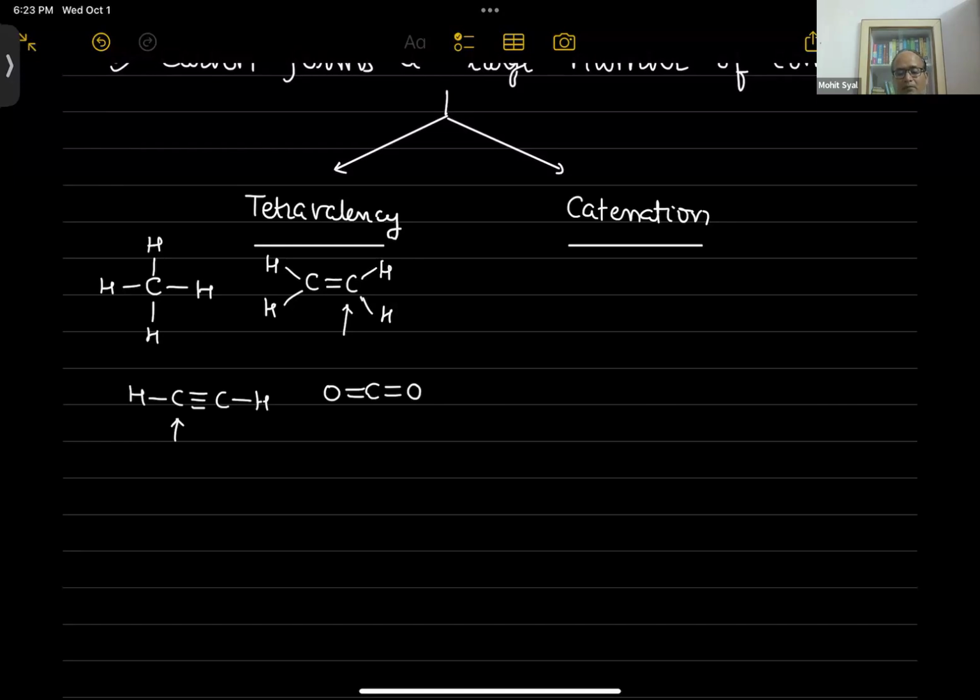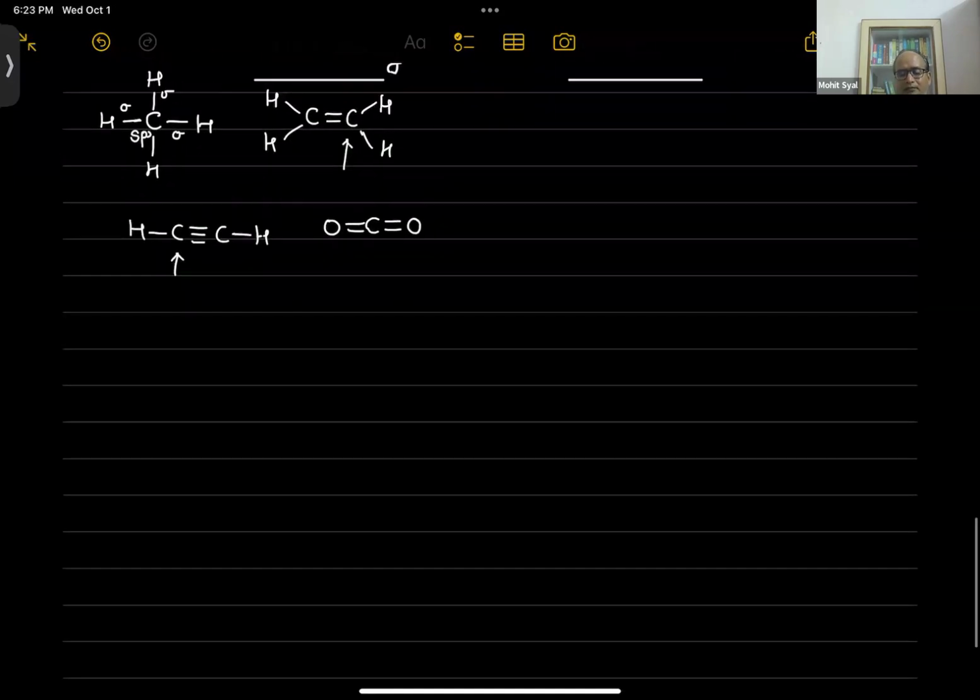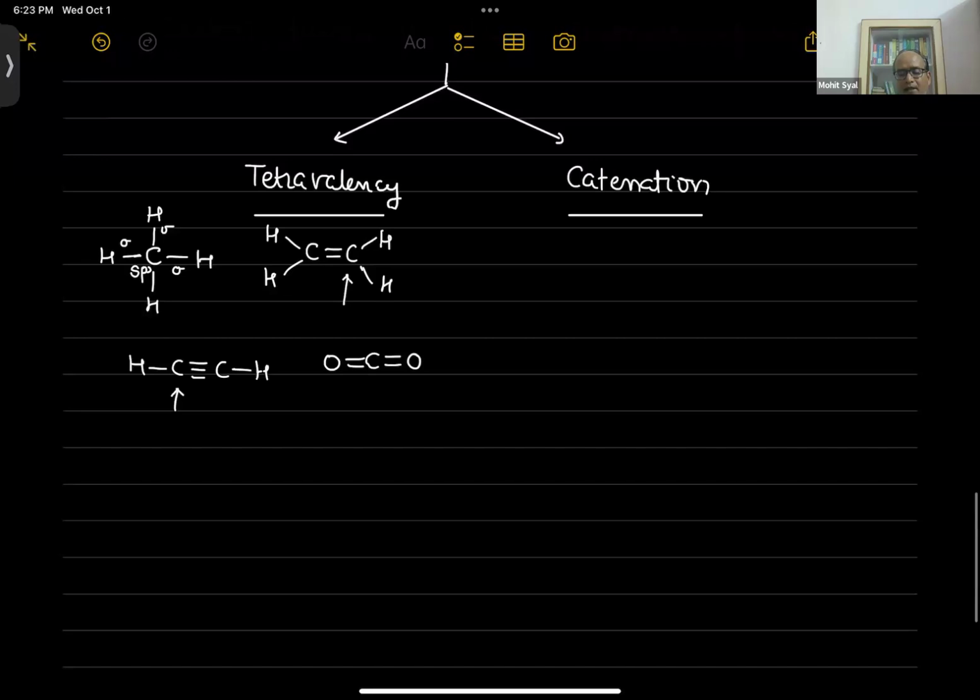Yes, sir. And if it is tetravalent, these are sigma bonds, and the carbon is sp3 hybridized. Is it clear? And in this, what is the hybridization of the carbon?